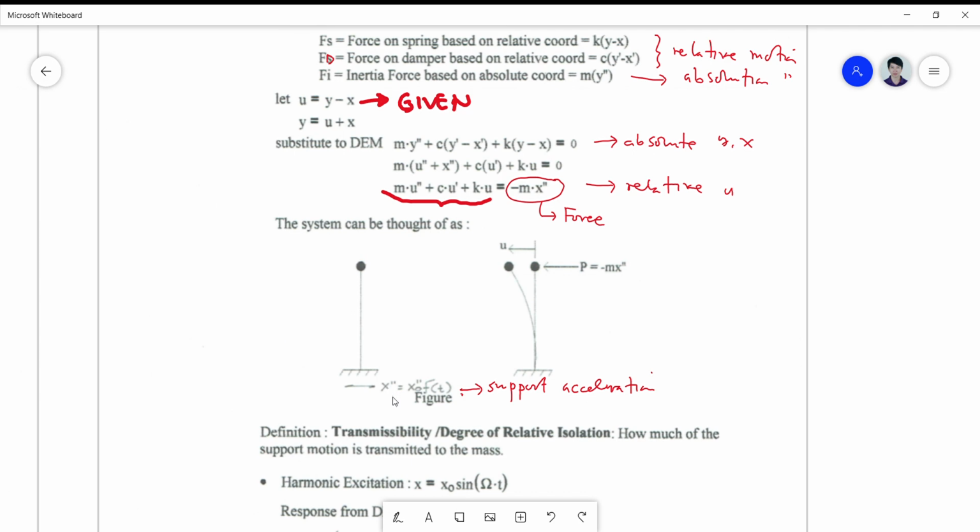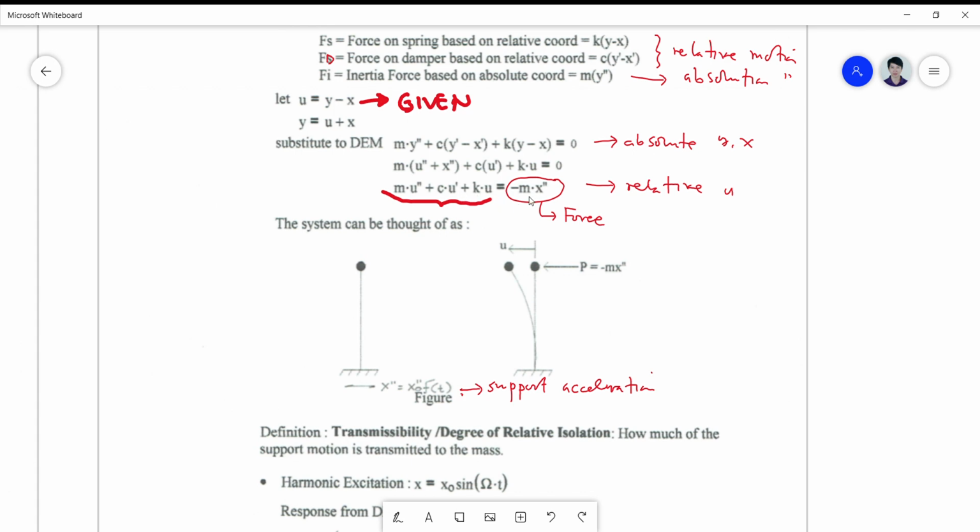So if the motion on the ground is defined in terms of the support acceleration x double prime, then we can simply substitute this value here to represent the force in the mass spring damper system.